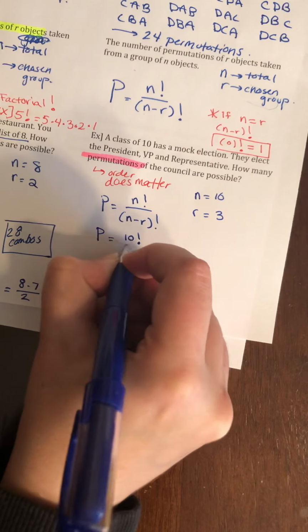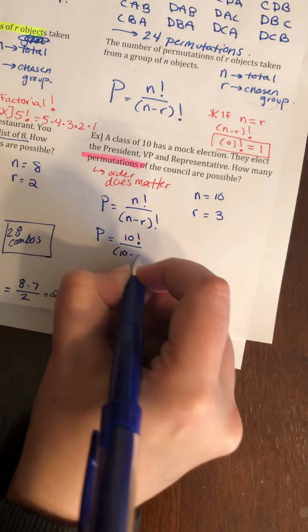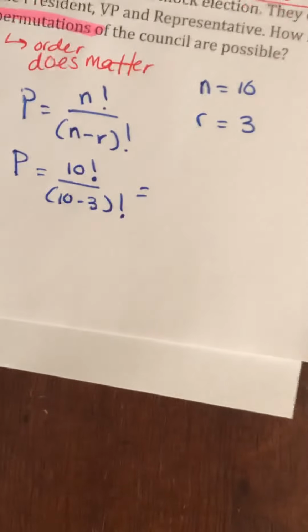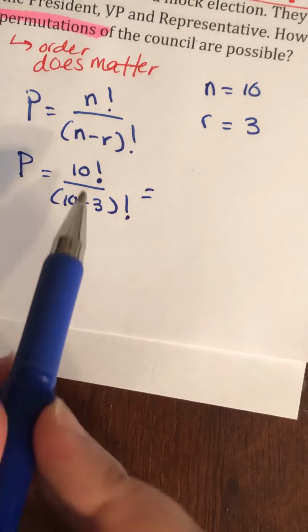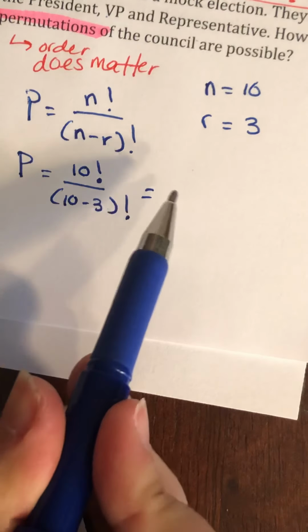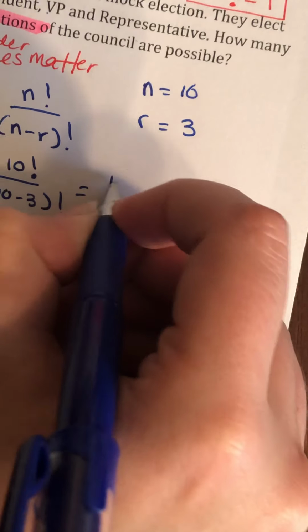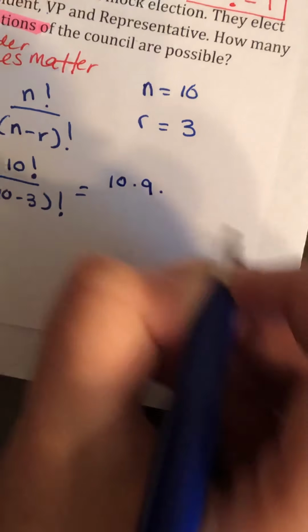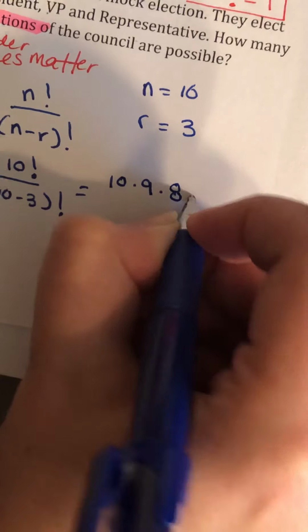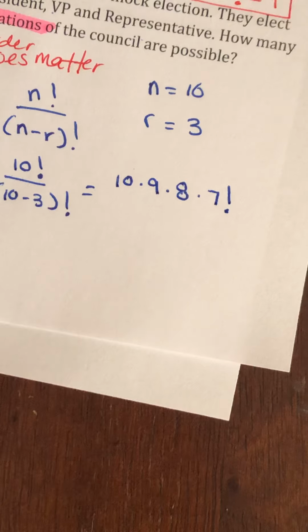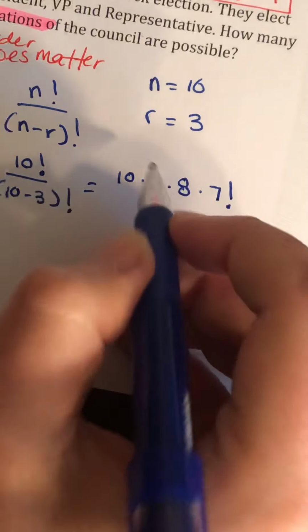So 10 factorial over 10 minus 3 factorial. Now keep in mind, 10 factorial is 10 times 9 times 8 times 7 times 6, all the way back. You could also write that as 10 times 9 times 8 times 7 factorial, because 7 factorial would be the rest of them.